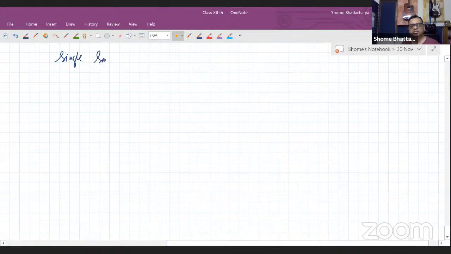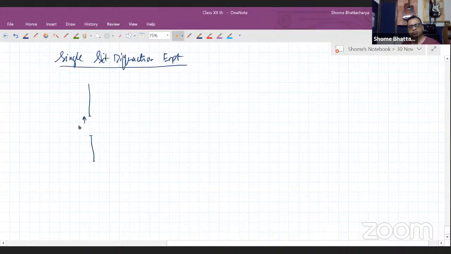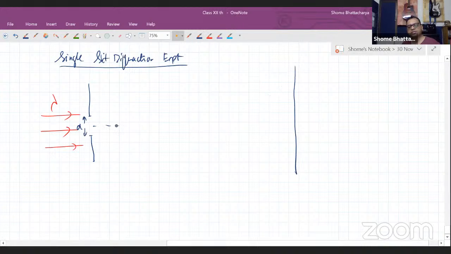We had seen in the single slit diffraction experiment, if we had a slit width of a like this and monochromatic light of wavelength lambda incident, then on a very far away screen we got an intensity pattern, that sine square kind of pattern.